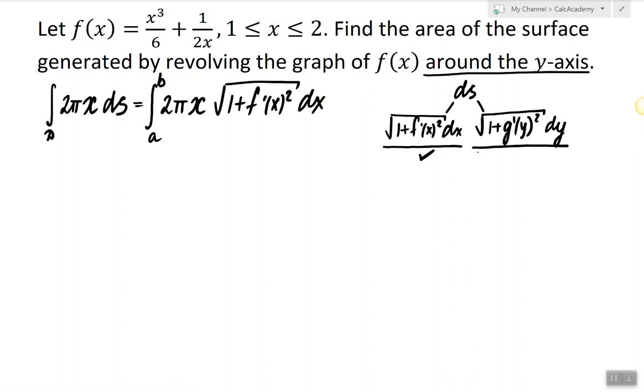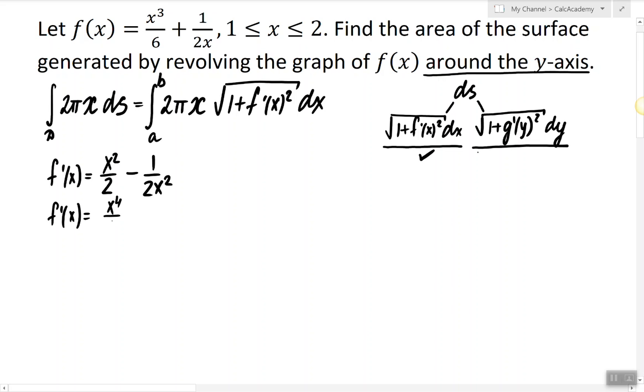To set up this integral, I have to find the derivative of the function, which is x squared over 2 minus 1 over 2x squared. The square of this will be x to the 4 over 4 minus 1/2 plus 1/4 x to the 4.